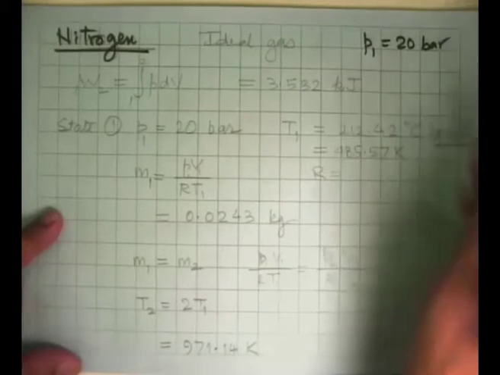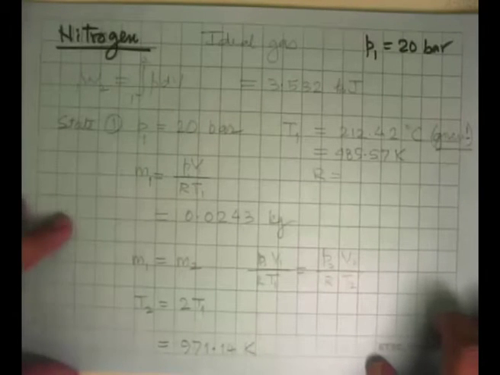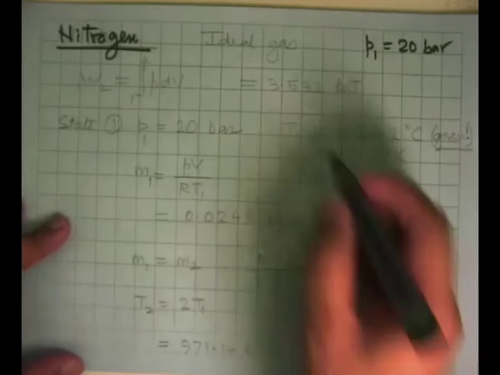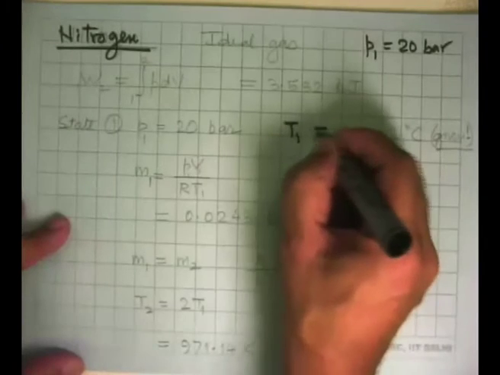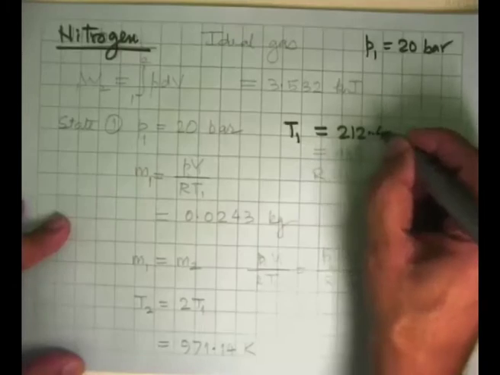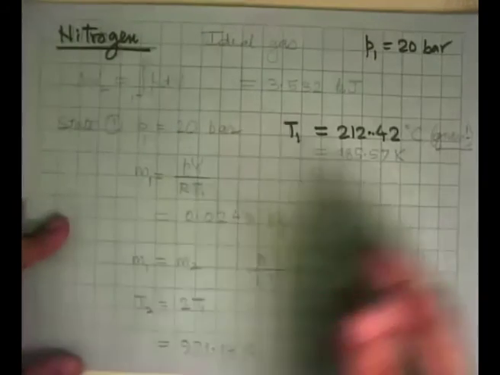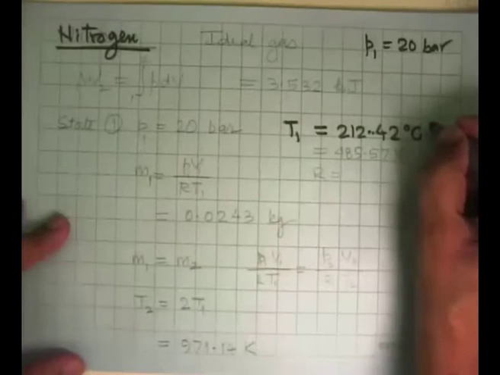Question is, for knowing state 1, either I need to know the mass of nitrogen or the density of nitrogen or specific volume or temperature. So what we will do is assume that the temperature of nitrogen is the same as the temperature of water. It doesn't have to be, but just for comparison's sake, it will tell us what happens to the system if, at the same pressure and temperature, it was nitrogen instead of water. So we take that this is given to us.